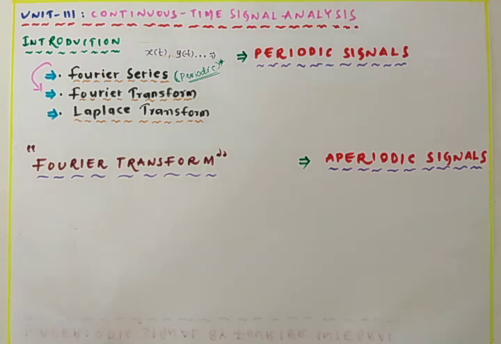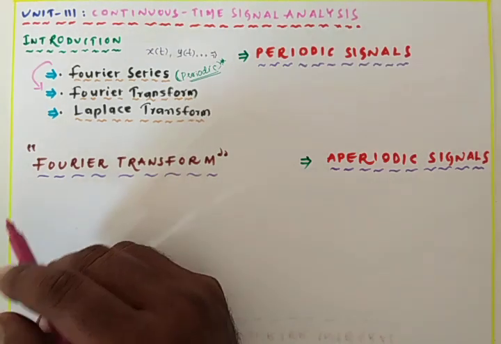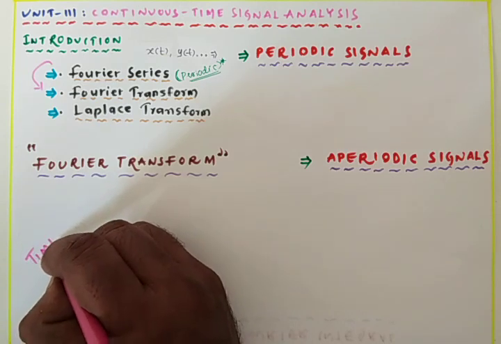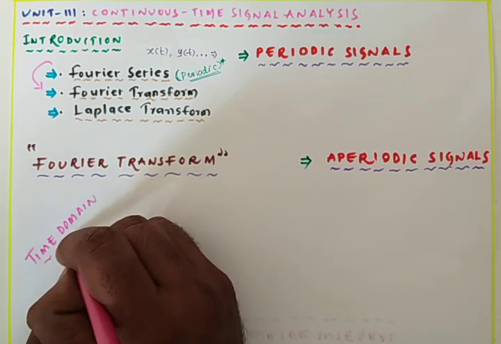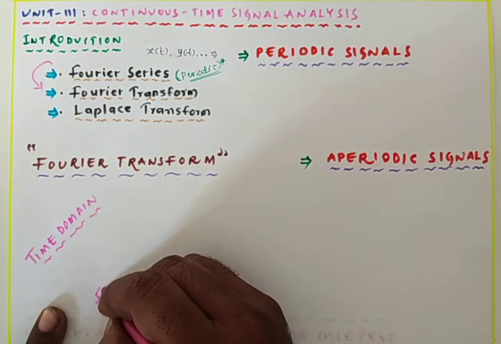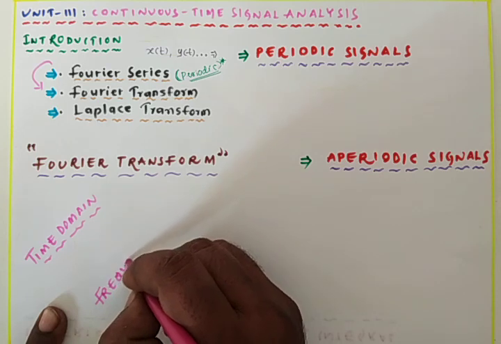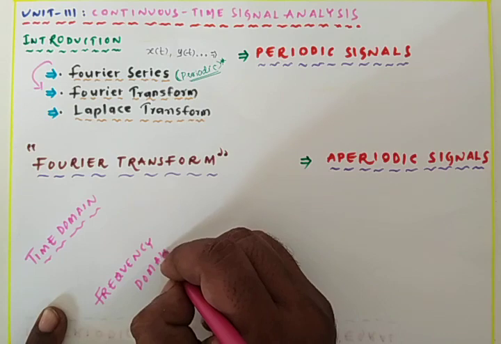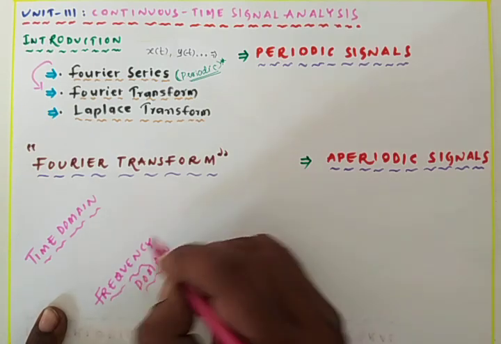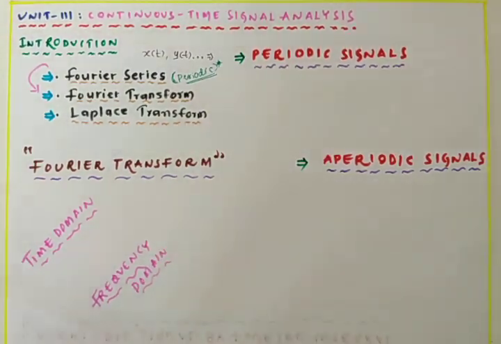So I am going to talk about two things now. One is time domain, another one is frequency domain. Here the point is very clear. Analysis of the signal is more convenient when the signal is represented in the frequency domain.